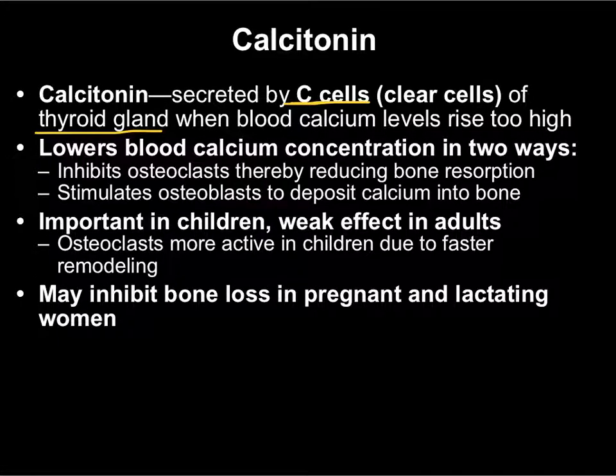But calcitonin is secreted by these clear cells in the thyroid gland, and they're secreted when calcium levels are too high. There are two ways that calcitonin lowers blood calcium levels.